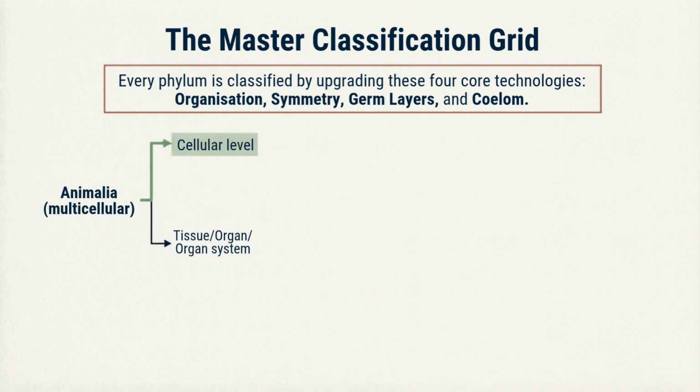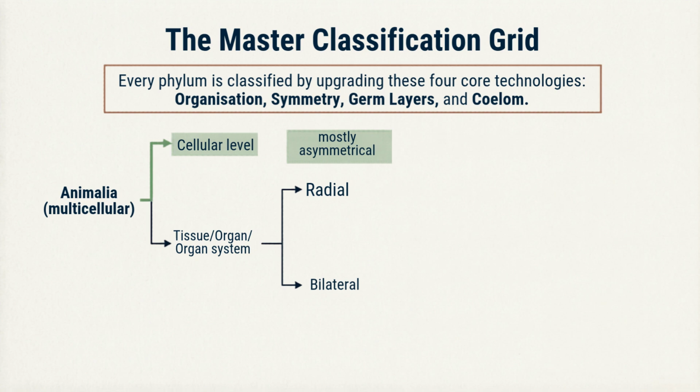Some, like sponges, have only a cellular level of organization and are mostly asymmetrical, so they fall under Porifera. As we move forward, animals with tissues and organ systems show either radial or bilateral symmetry. Radially symmetrical animals, like those in Cnidaria and Ctenophora, are still acoelomates, meaning they lack a body cavity.